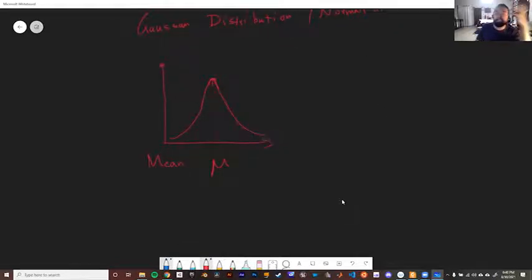Another important quantity in this Gaussian distribution is how much it's spread. The spread is given by a quantity called the variance, sigma squared. I'm sure most of you have already studied it; it measures the squared distance from the mean, how far away it is from the mean, how much it's spread.